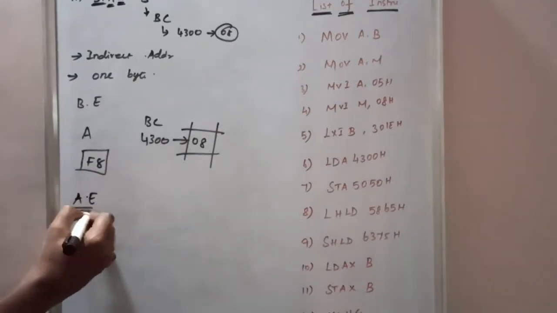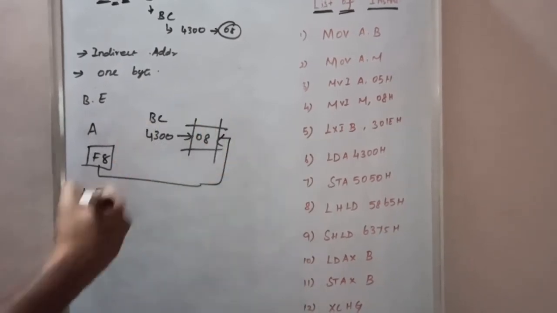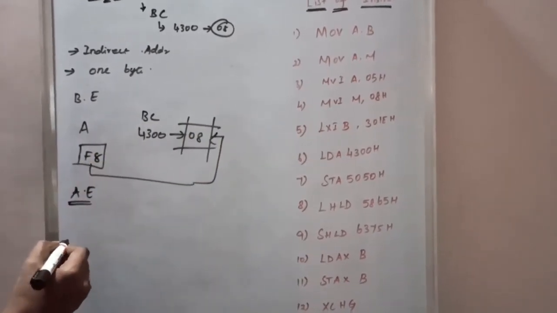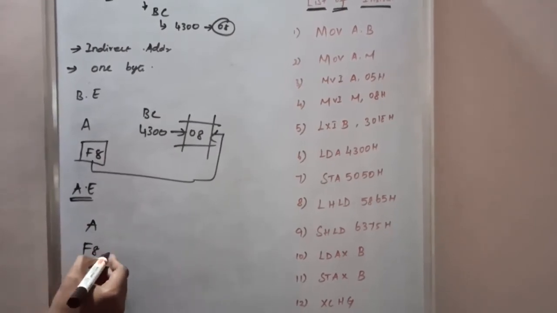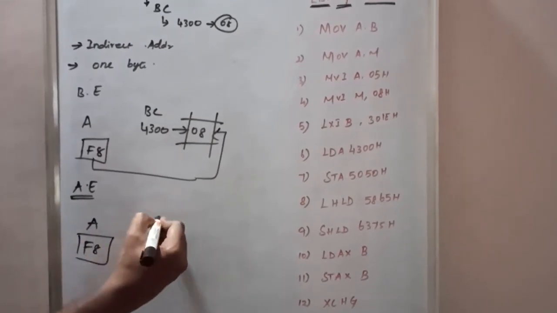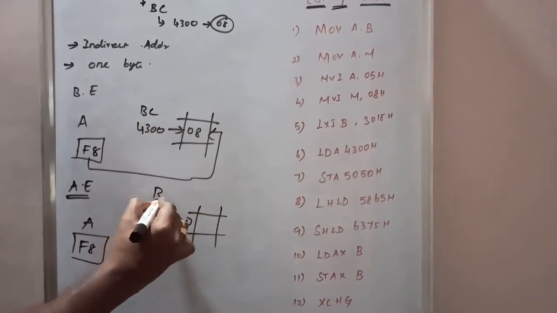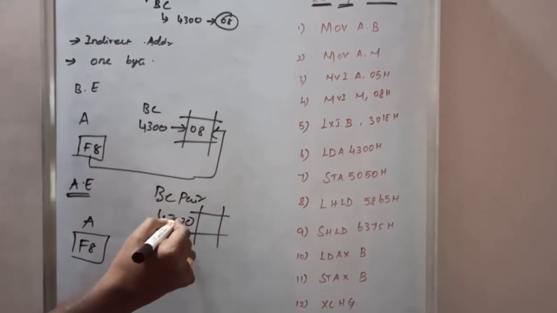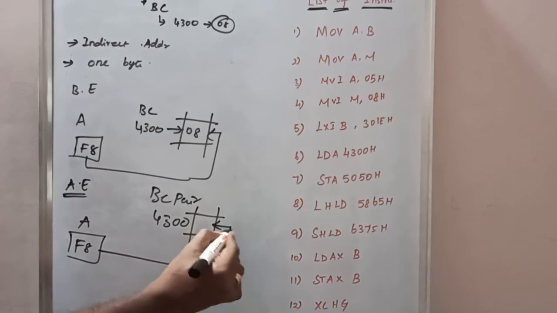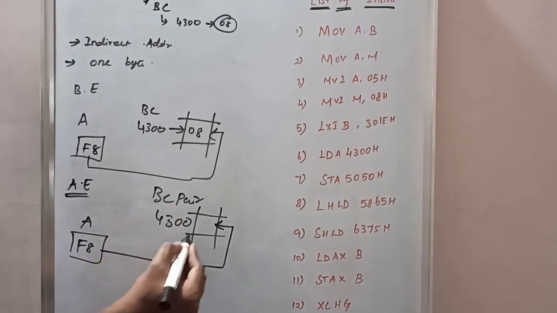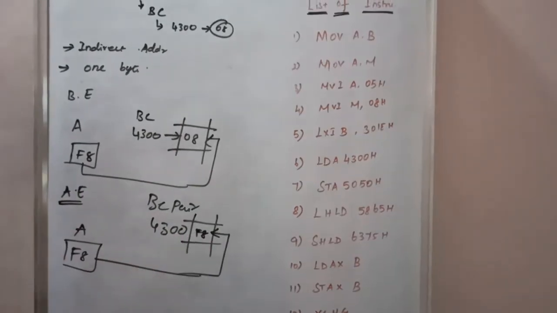After execution of this instruction, the accumulator value F8 is moved to the memory location held by the BC pair. So F8 is transferred to the specified memory location in the BC pair. Now the memory location 4300 holds F8H.